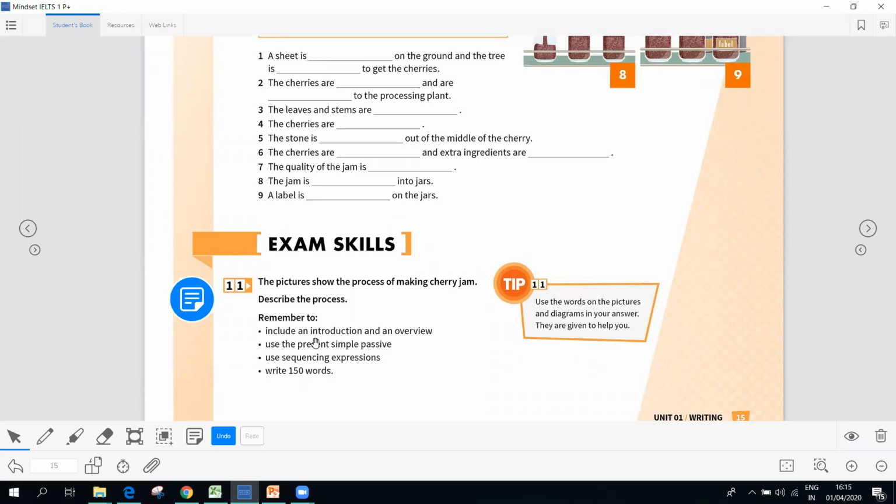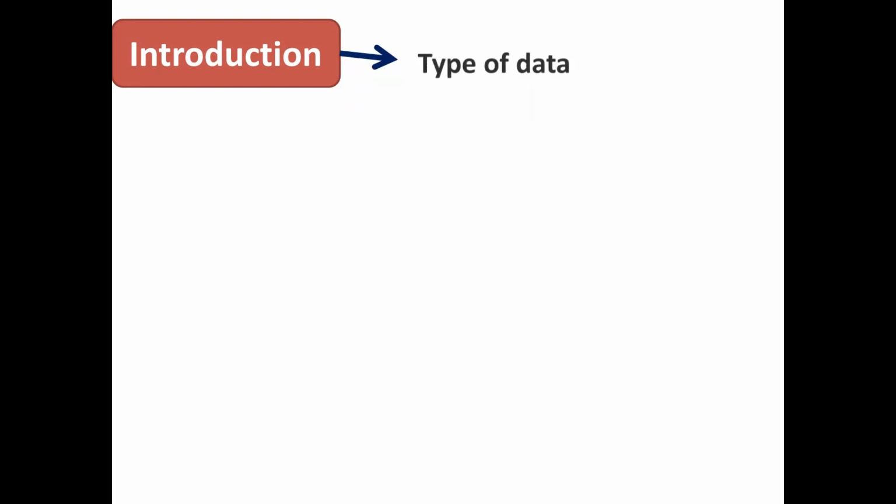So to start your writing, you need to include an introduction and an overview. Do you remember what I told you about an introduction and overview in my last video? Let's refresh our memory. Introduction tells the reader what type of data it is. Is it a graph?